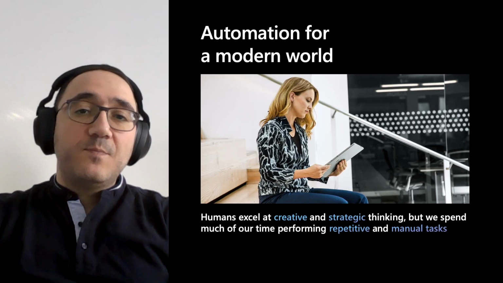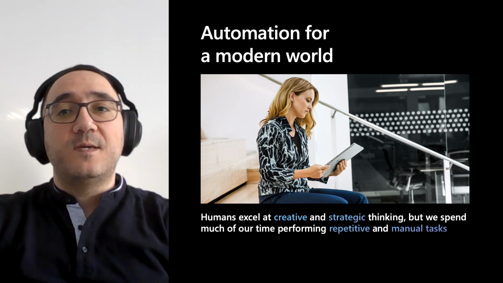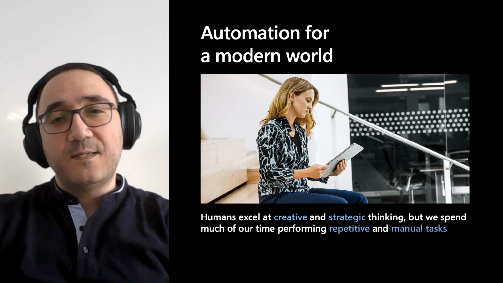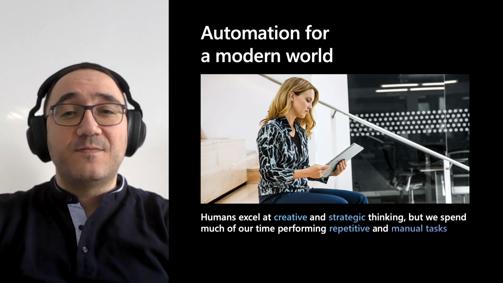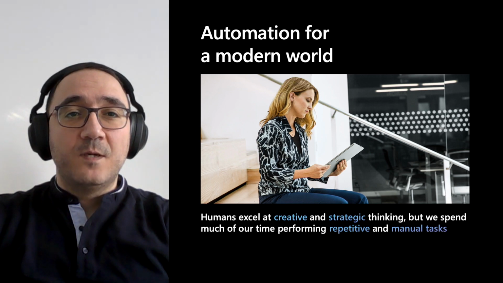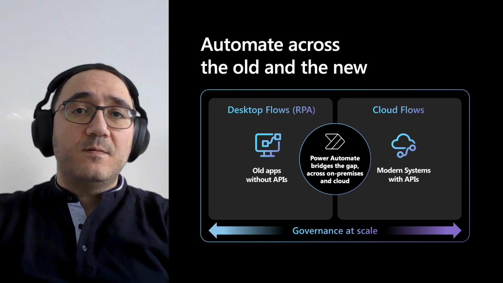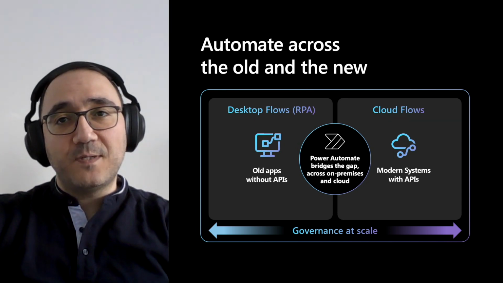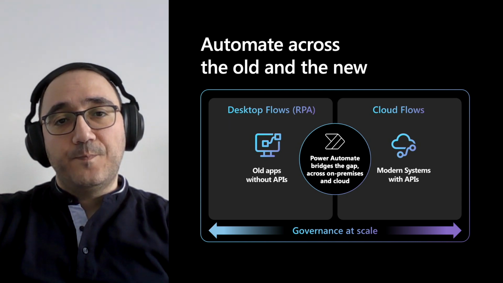We're seeing robotic process automation taking more and more importance within organizations, helping people be more productive, focusing on creative, strategic thinking, rather than doing repetitive, mundane tasks. Power Automate provides end-to-end automation solutions, making any manual business process to be partially or fully automated.